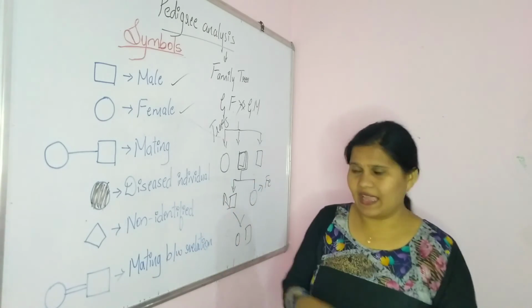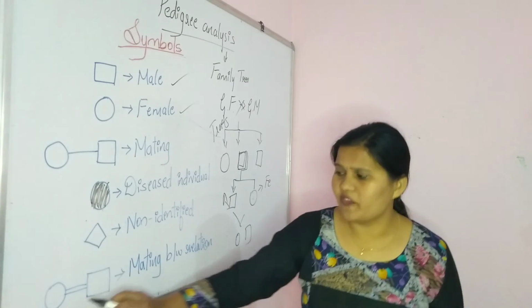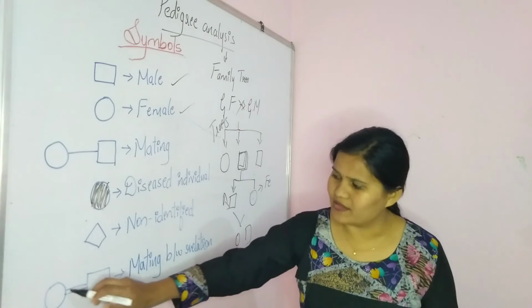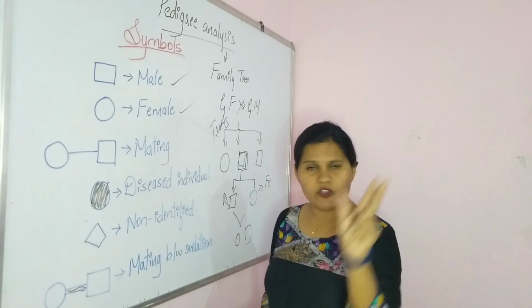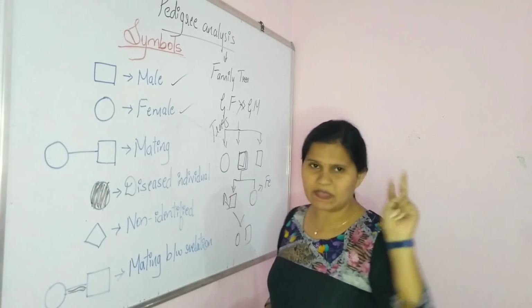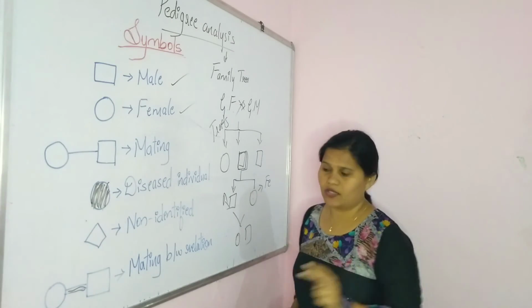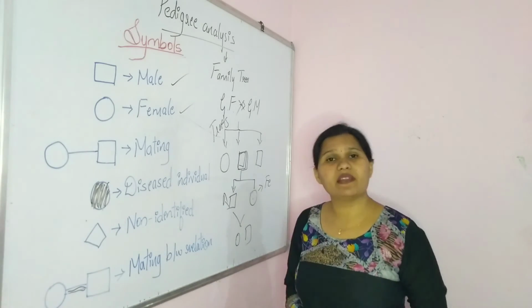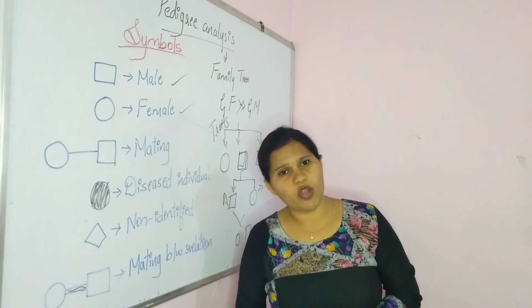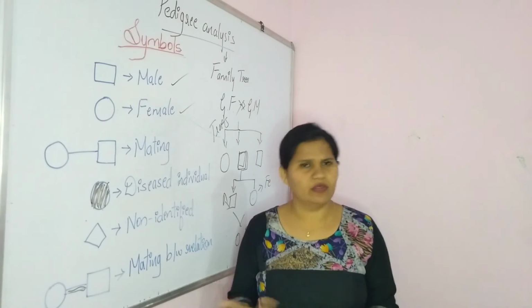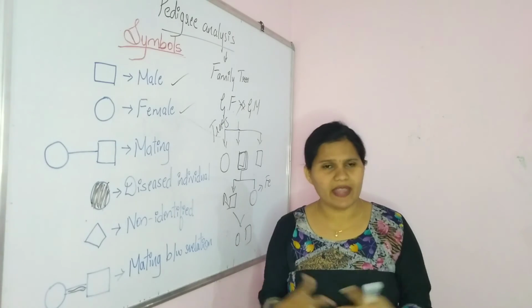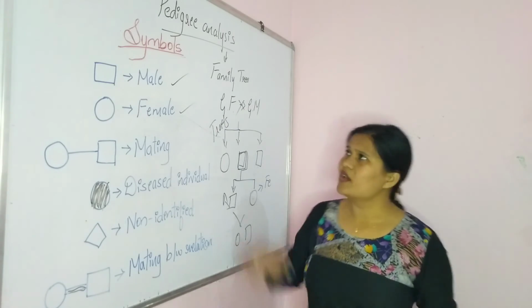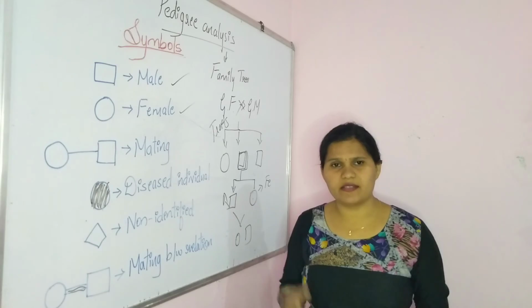And again, see here, between the female and male there are two lines, bond-like structures. One line is mating, and here two lines mean mating between relatives. In your family also, these things happen. It is common, right? Relatives get married to each other. So this is about pedigree analysis.